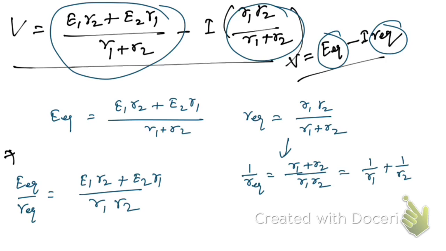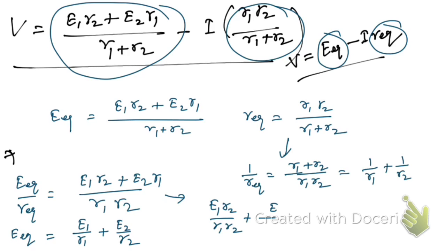Now you see, this is what we have got, and this can be written this way also. E equivalent by R equivalent is equal to, now this can be simplified this way, E1 by R1 plus E2 by R2, because you can write it this way: E1 R2 by R1 R2 plus E2 R1 by R1 R2. So here R2 R2 cancel, here R1 R1 cancel, then you will get this.